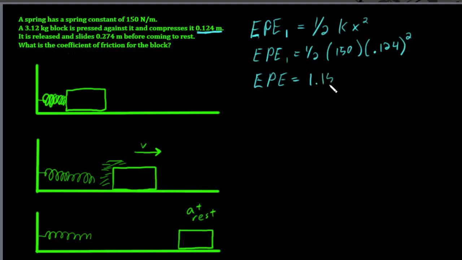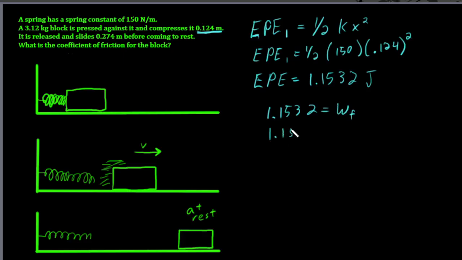So there's our elastic potential energy. Now, that 1.1532 is going to be equal to the work done by friction.